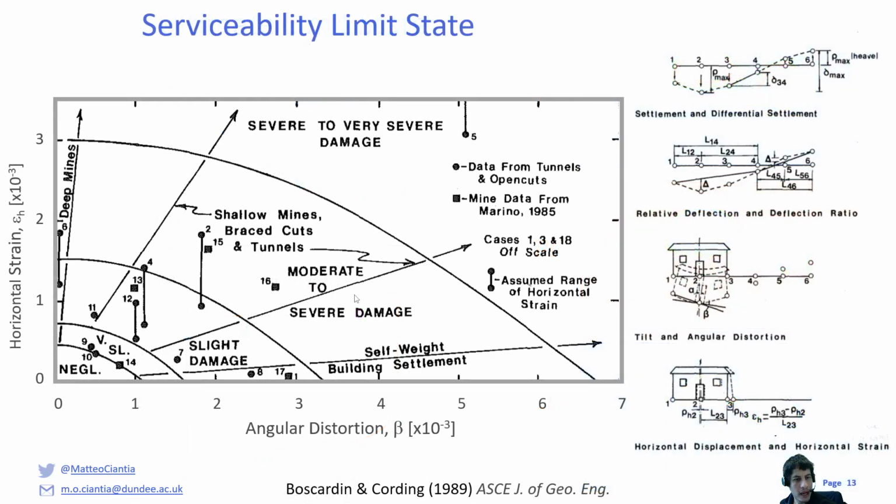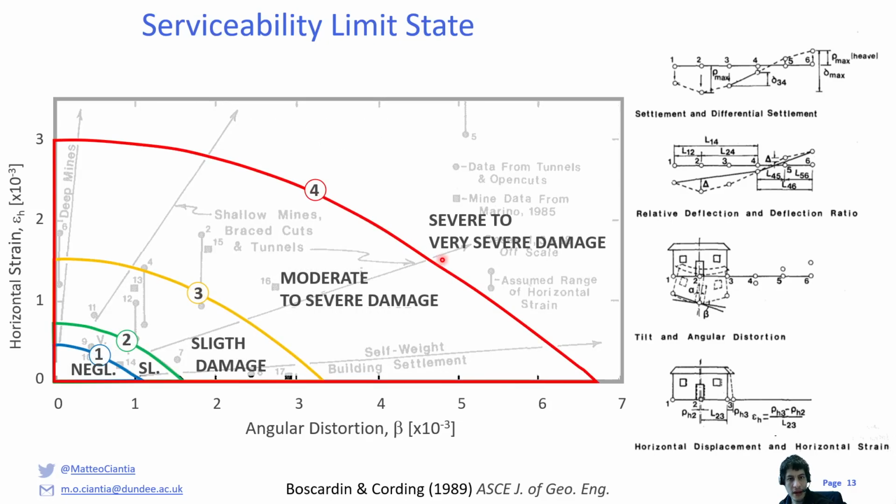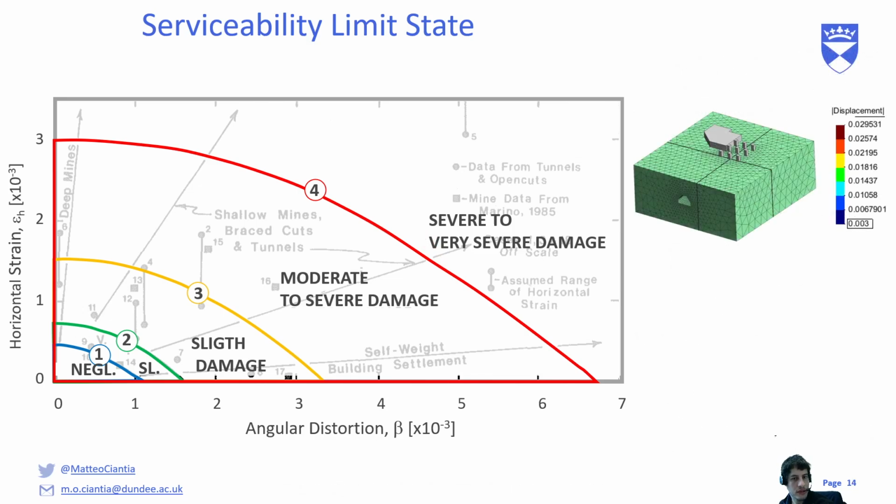On the other hand, we can also use Boscardin and Cording abaci and numerically calculate the angular distortion under a building and use this to define a new factor of safety at in-service conditions.